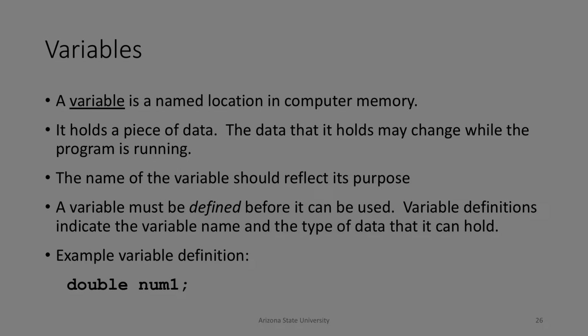C++ works in a top-down fashion. So you start at the top, you make whatever declarations you need to make, and then you use those variables later on in the program. You can't just say, I'm going to use this variable up here and define it later. Some languages do allow you to do that, but C++ does not.